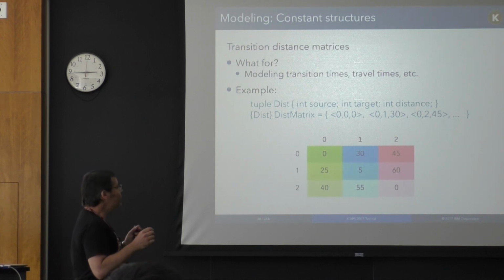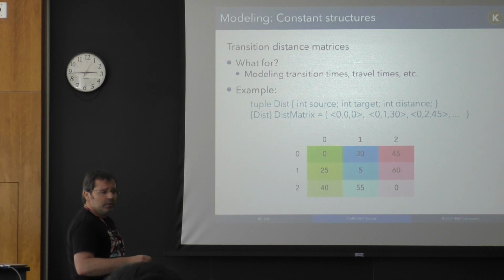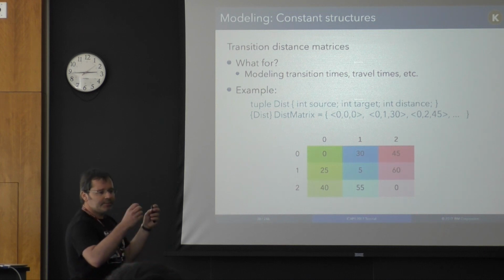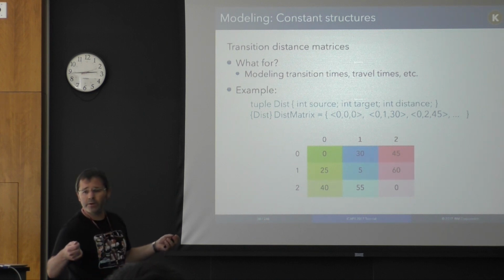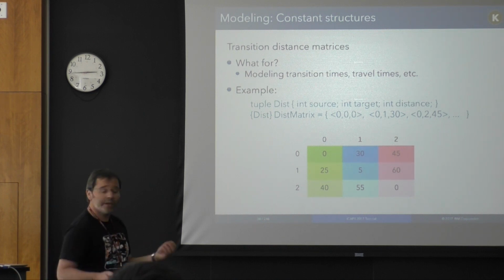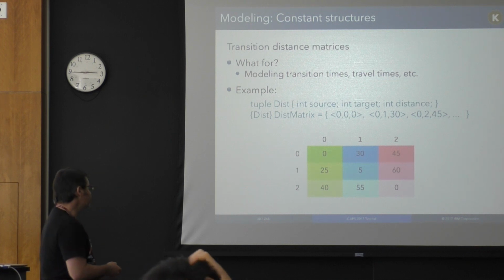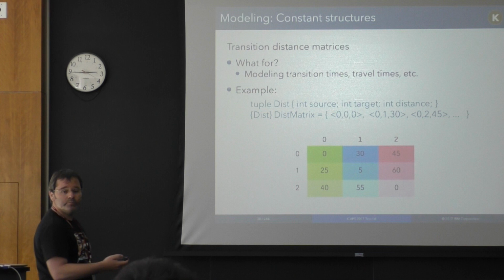This is used when you need to model transition times, if you are solving some TSP, for instance, where it may represent some travel times between different locations. So this is basically a matrix. We have some index, and then you have some value in the matrix.